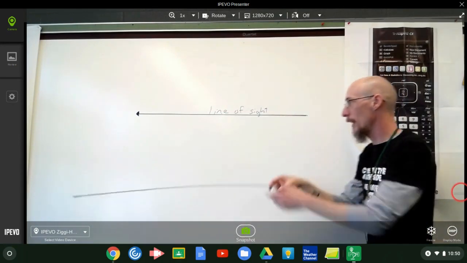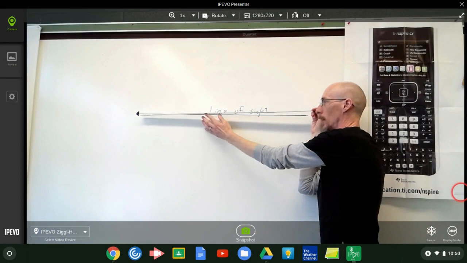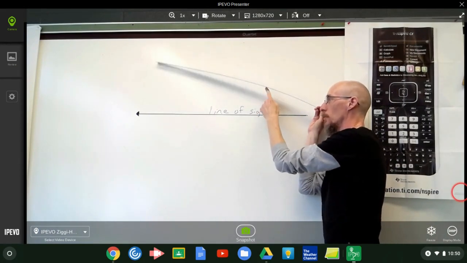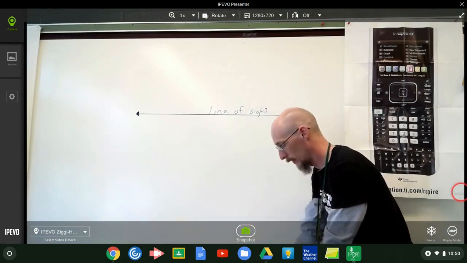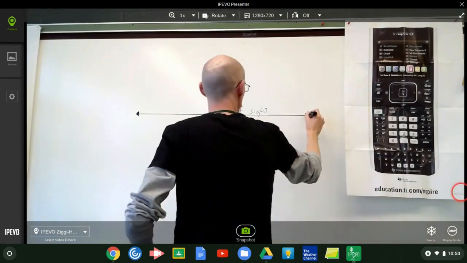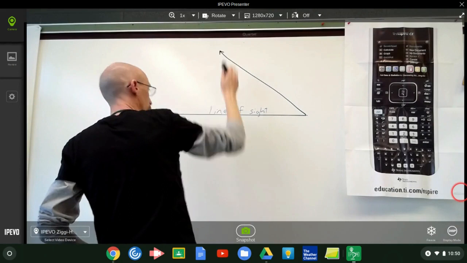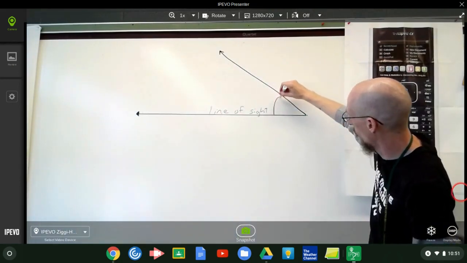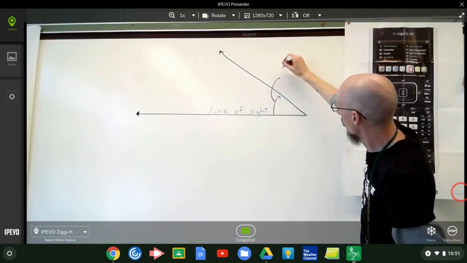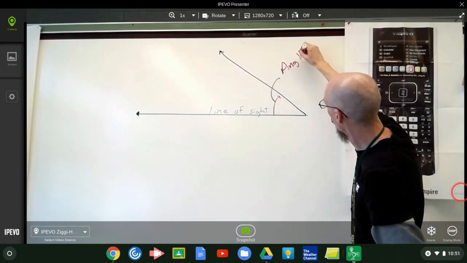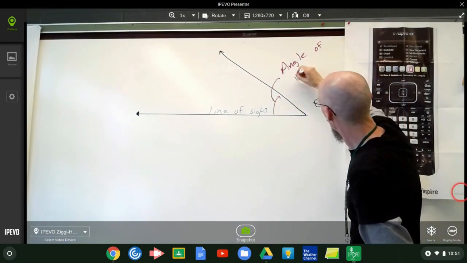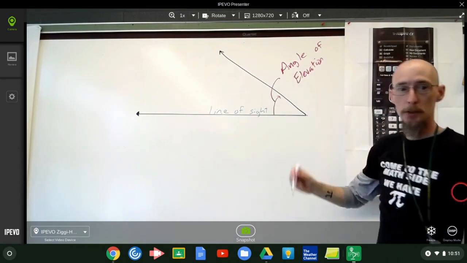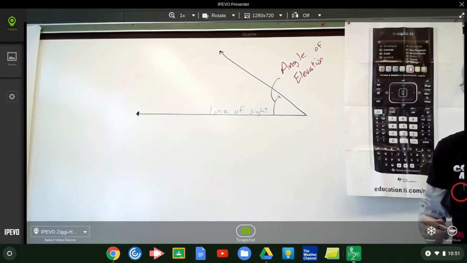If I take my gaze and look upwards, that's called an angle of elevation. So when I look in an upwards direction from the horizontal, this angle here is an angle of elevation, because we're looking upwards that way.